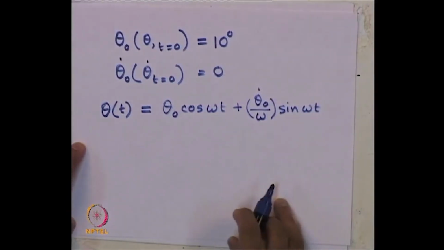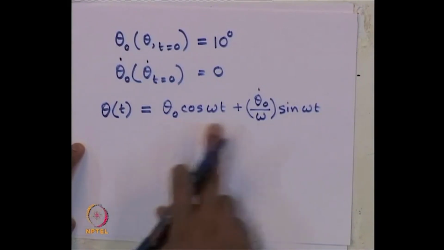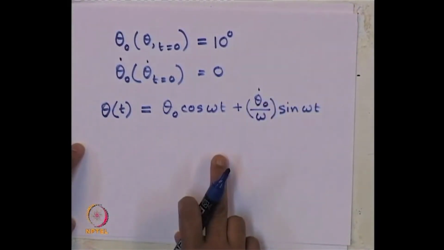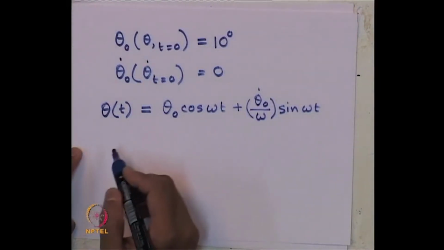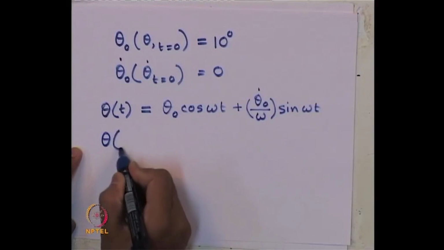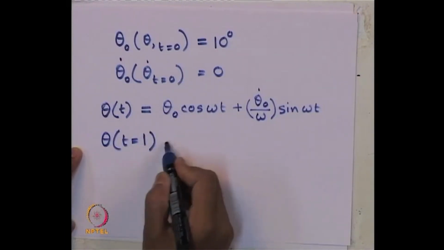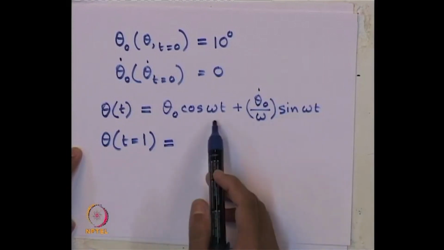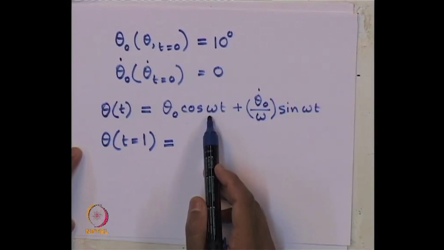That is the complete solution using the initial conditions of theta naught and theta naught dot. That derivation we had seen earlier. What is asked in this problem is theta at t equals 1 second. So, we just put the value of t as 1 second in this expression. The value of omega is known to us, we just computed 304.3 radian per second.